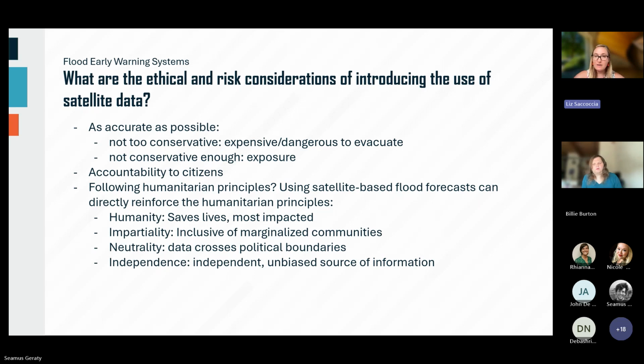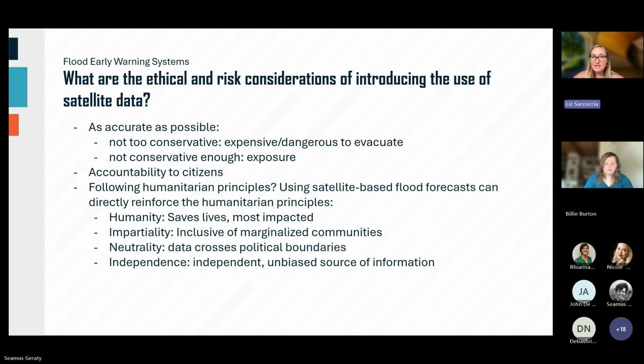When we're talking about global early warning systems, like GLOFAS or even Google Floods, there's not that social contract between the government and the people. So that makes this a little bit challenging because there's not a good system of accountability. So that's something to think about in the implementation here.